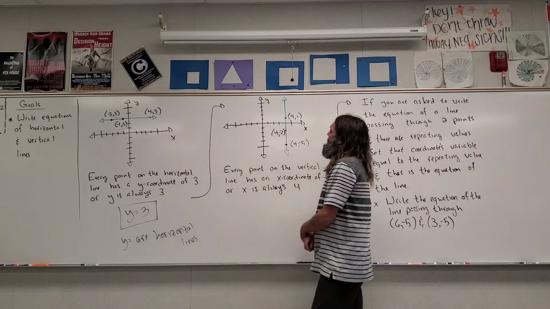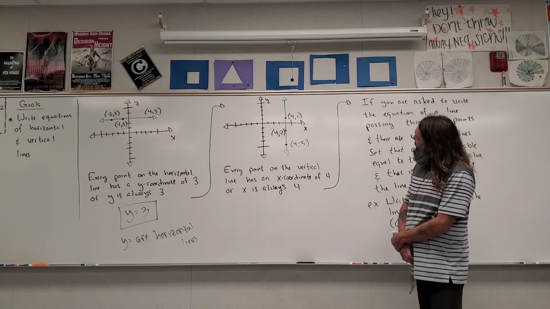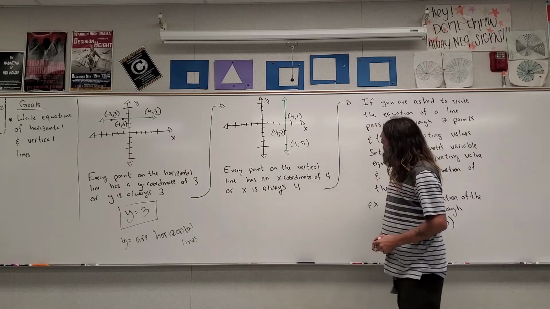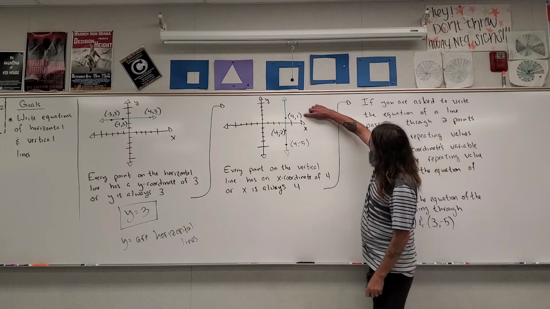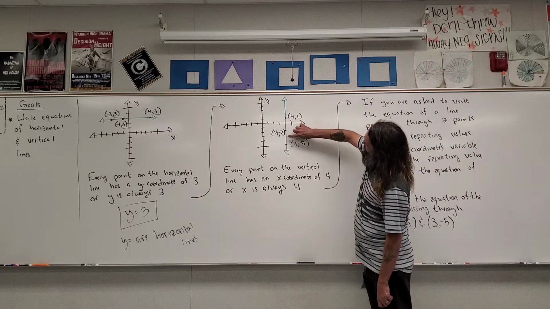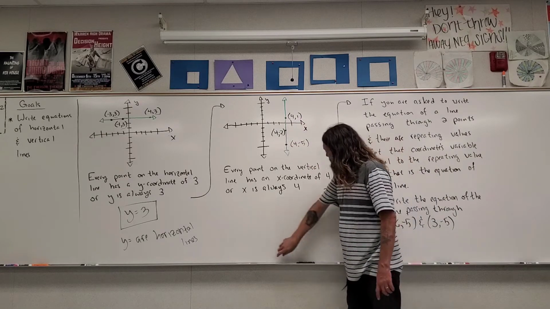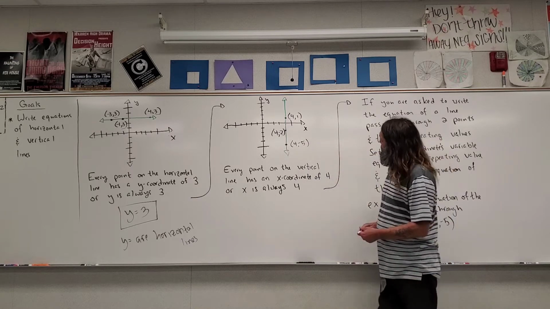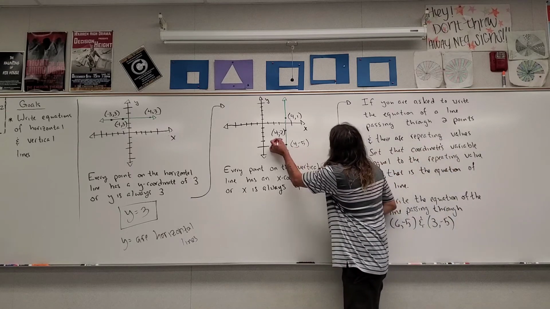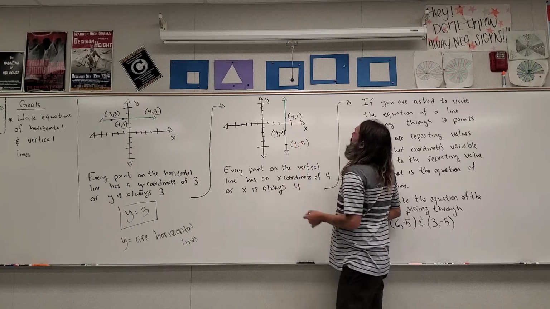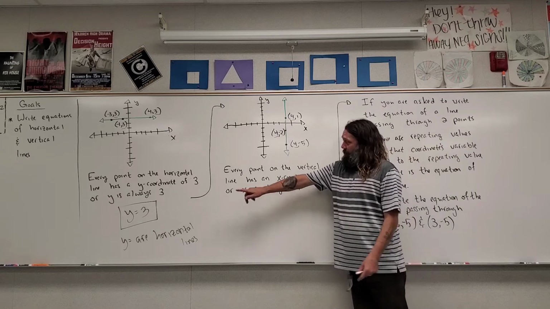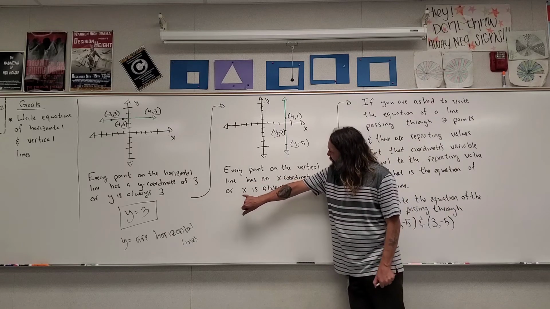Okay. Second example here, I have a vertical green line, and again, like before, I wrote down the coordinates of 3 points that are on the line. In this example, notice that every point on the vertical line has an x-coordinate of 4. Just like previously, but instead of a y, this is x.